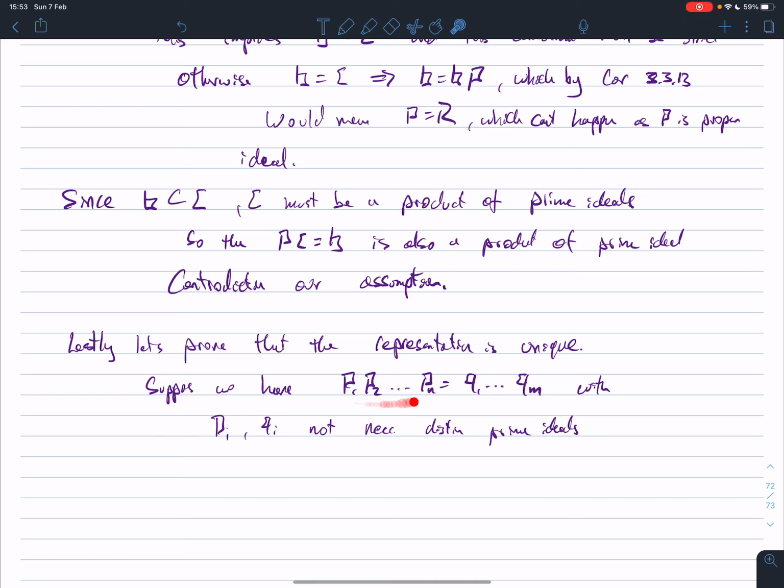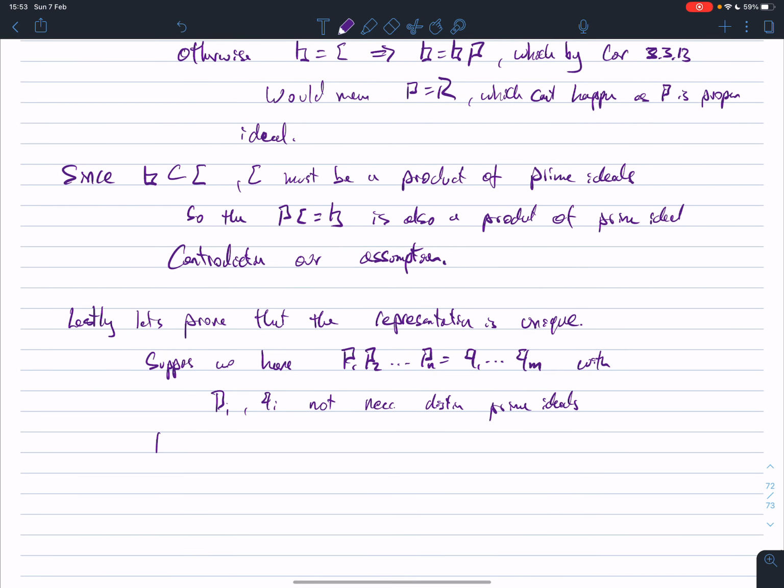So I can have repetitions on each side. Then P1 divides the right-hand side, and so division turns into inclusion, so we have this inclusion here.